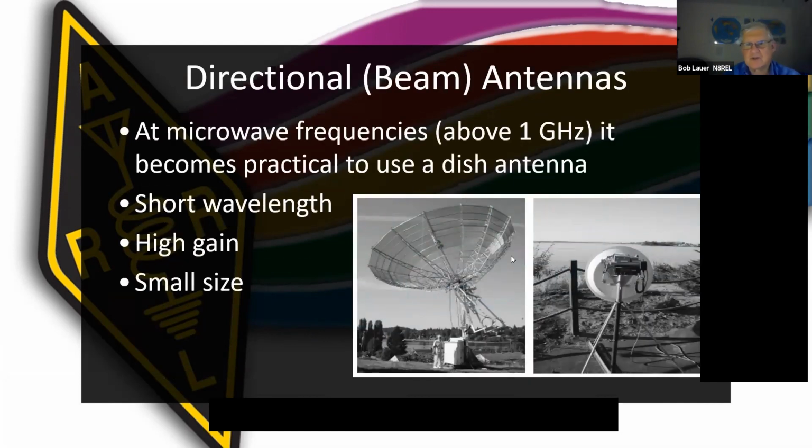Now, at very high frequencies, you end up using dishes instead of ground plane antennas, vertical antennas, or dipoles, or Yagis for that matter. You end up using dishes. Very high gain. They can be quite small in size, or this one's a honker.